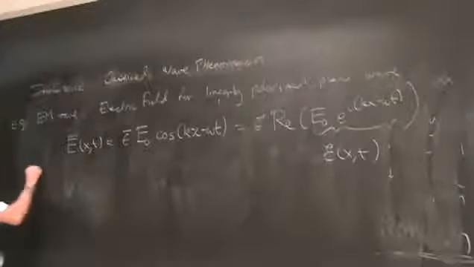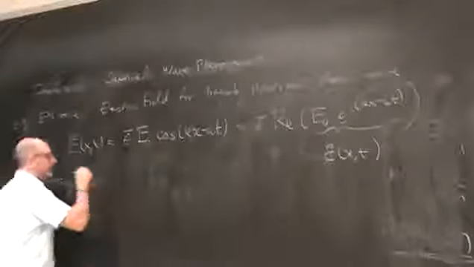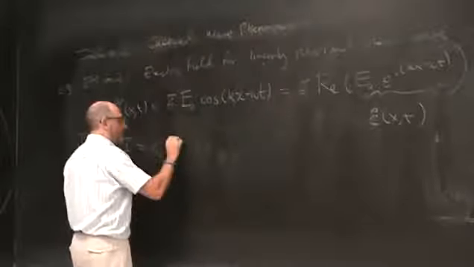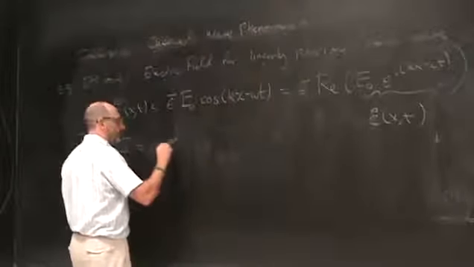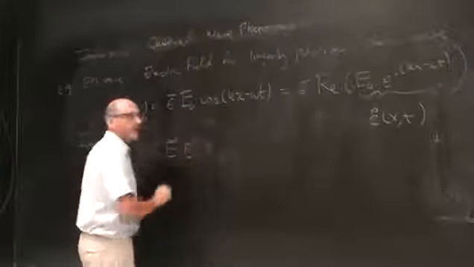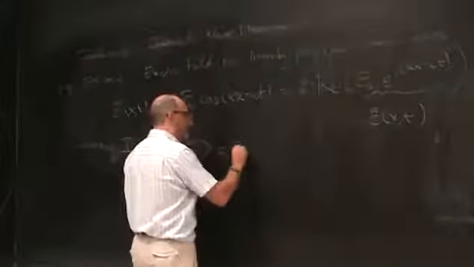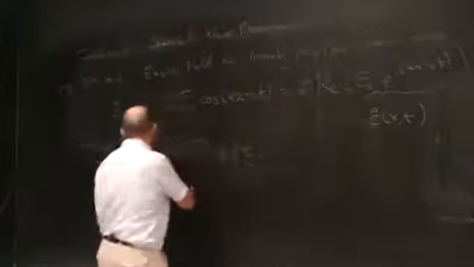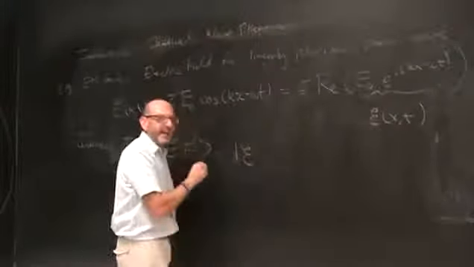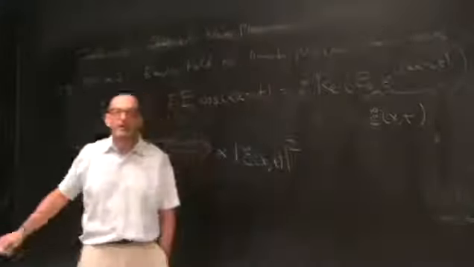Of course, we know the intensity of the field, which is the time average of the electric field squared, is given here by, most proportional to this. It's got some epsilon naughts or something like that, but basically that.